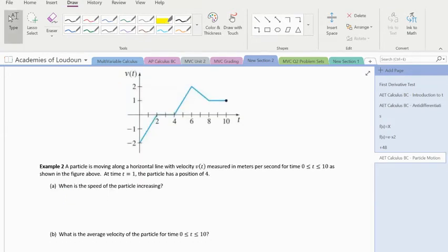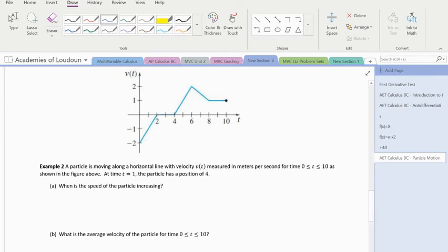Okay, so let's go ahead and look at our second example. So we have a particle moving along a horizontal line with velocity measured in meters per second for time t equals 0 to 10, as shown in the graph above. At time t equals 1, the particle has a position of 4. So when is the speed of the particle increasing?